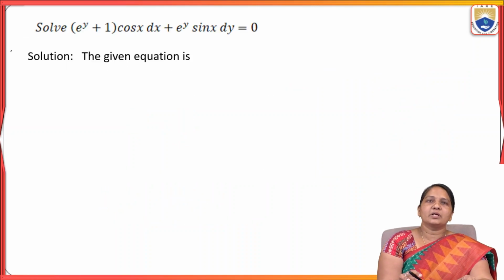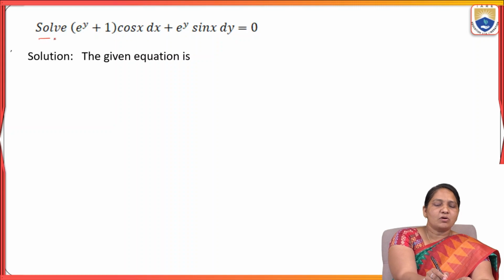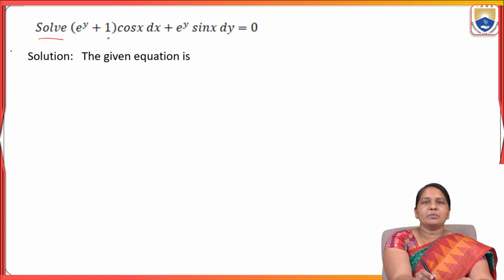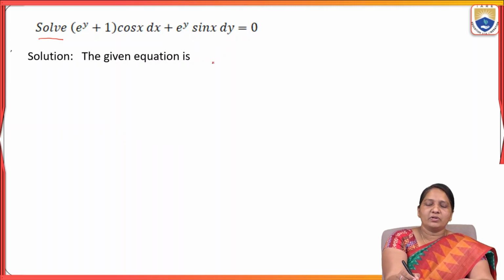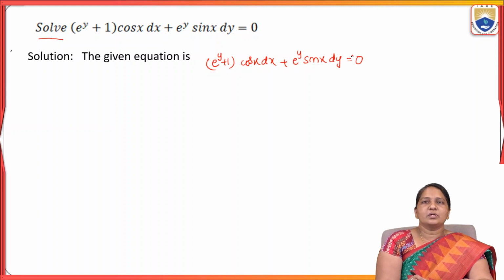So we can observe here in the problem. Solve (e^y + 1) cos x dx + e^y sin x dy = 0. Given the equation, what is the first step?